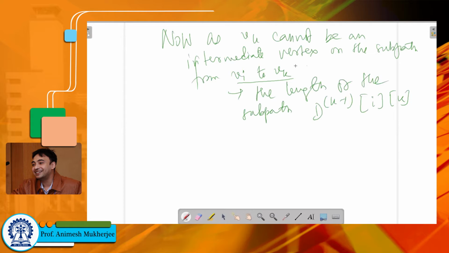So therefore the length of the subpath here should be d^(k-1)_ik. Now this length is the shortest path from Vi to Vk. Now question is why?